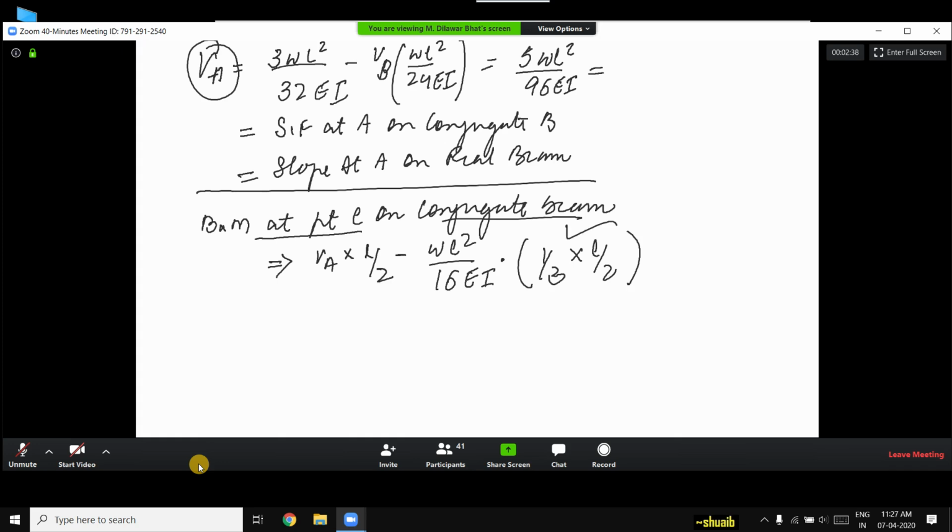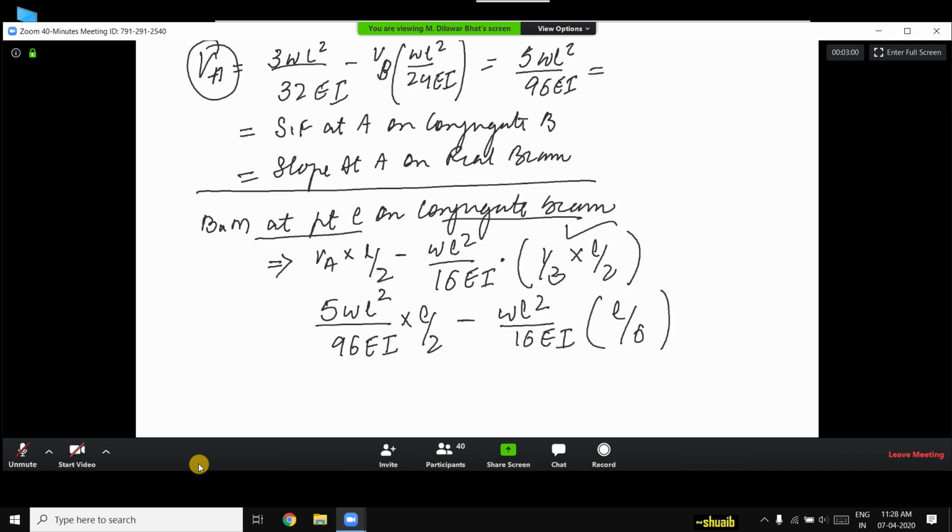Now VA is 5 WL square by 96 EI multiplied by L by 2, minus WL square by 16 EI times L by 6. You solve it and your bending moment will come out to be WL cube by 64 EI.